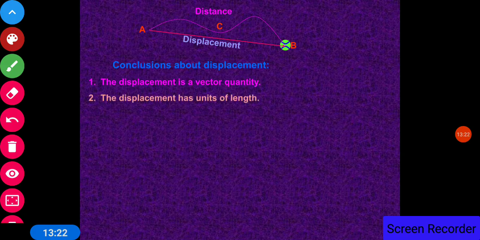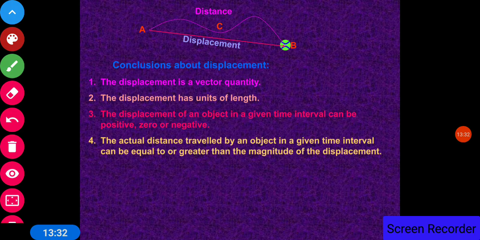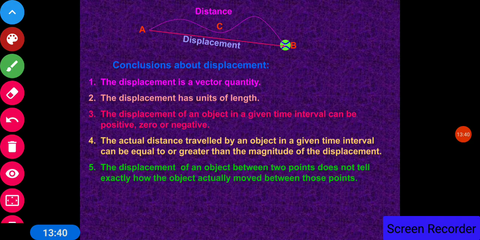Displacement is a vector quantity. It has units of length. The displacement of an object in a given time interval can be positive, 0 or negative. The actual distance traveled by an object in a given time interval can be equal to or greater than the magnitude of the displacement. The displacement of an object between 2 points does not tell exactly how the object actually moved between these points.